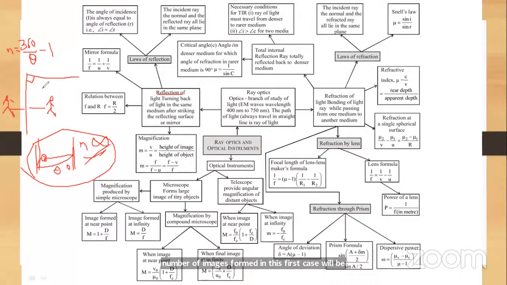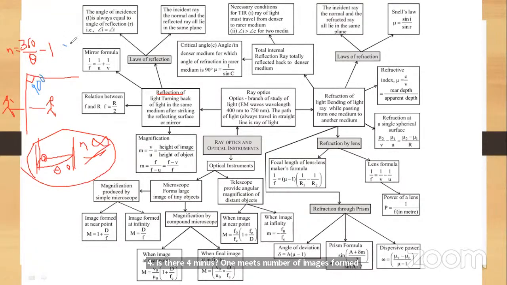So now when it comes to the 90 degree, what is the value if the angle is 90 degree? The number of images formed will be 360 divided by 90. That means 360 divided by 90 is 4. 4 minus 1 means number of images formed will be 3 images.